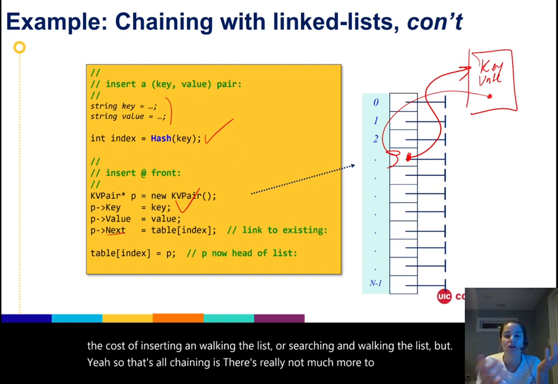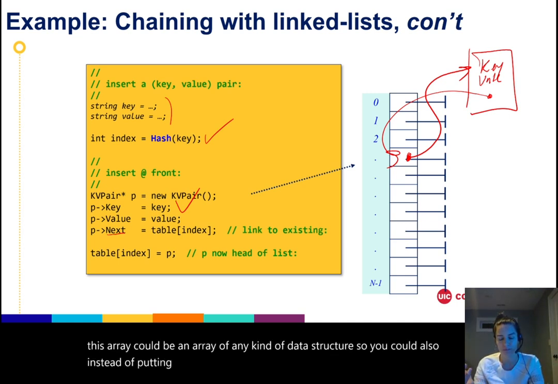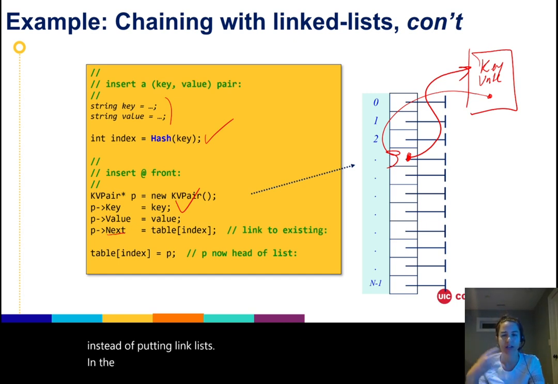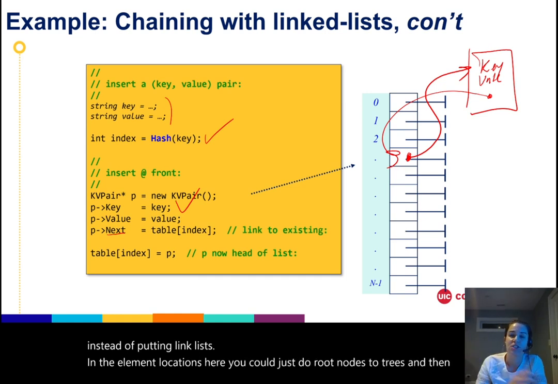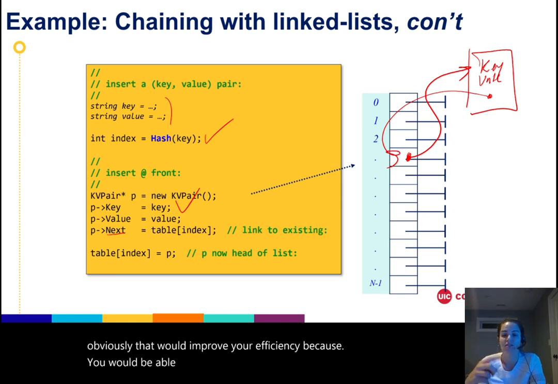As I said before, this array could be an array of any kind of data structure. So instead of putting linked lists in the element locations here, you could just do root nodes to trees, and then obviously that would improve your efficiency because you would be able to search each individual element.